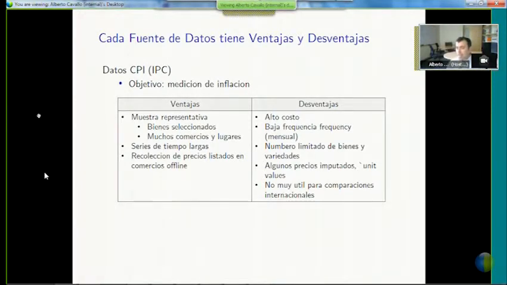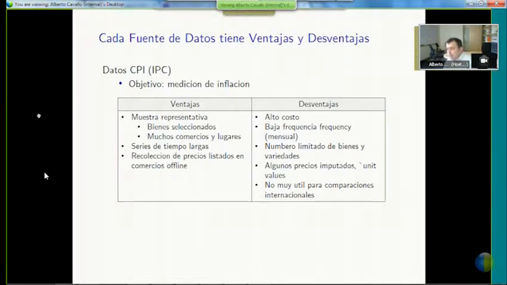We have commerces in many places where we collect the data. We have long time frames, which of course is important for economists that want to conduct analysis with these statistics.